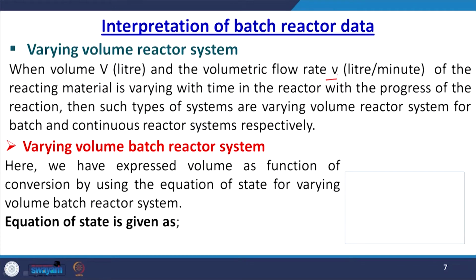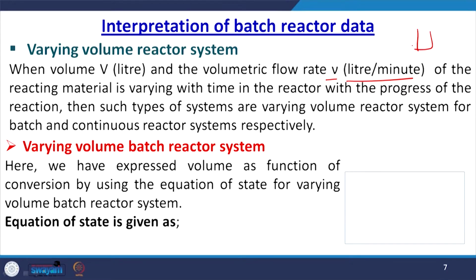When the volume V, usually expressed in liters, and the volumetric flow rate, say small v liter per minute, of the reacting material is varying with time in a reactor system with the progress of the reaction, such a system is referred to as a varying volume reactor system, and it is applicable for both batch and continuous reaction mechanisms.